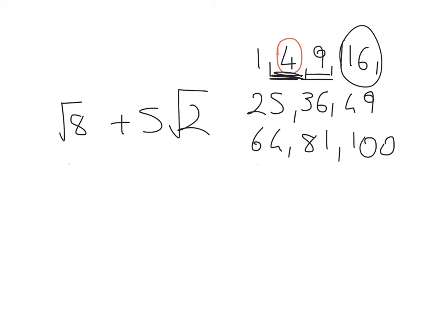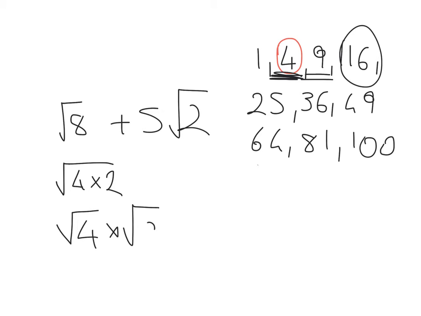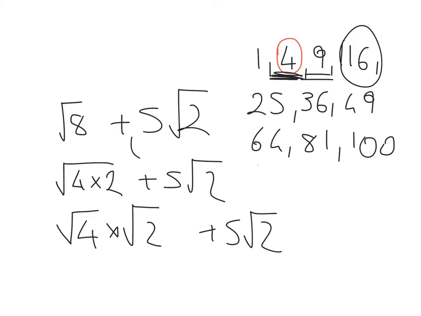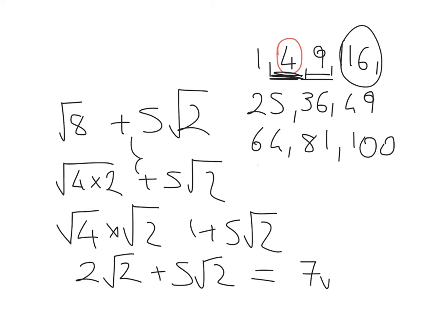Well, root 2 is a surd that can't be simplified, so we'll just leave that for the time being, but root 8 can, and that's root 4 times 2, square root of 4 times the square root of 2. So we'll just finish these lines off with plus 5 root 2. Root 4 times root 2 is 2 root 2. So 2 root 2 plus 5 root 2. Then we just put them together. 2 root 2s plus 5 root 2s, 7 root 2s.